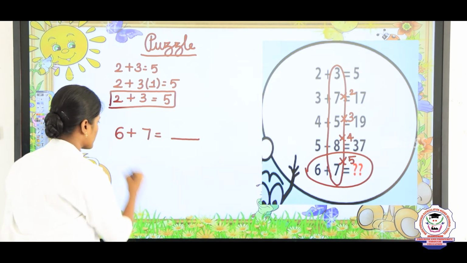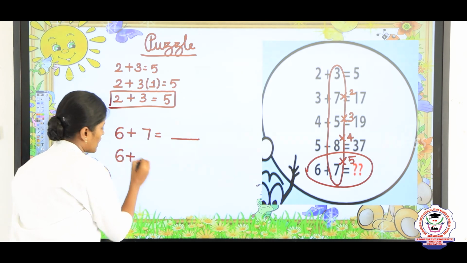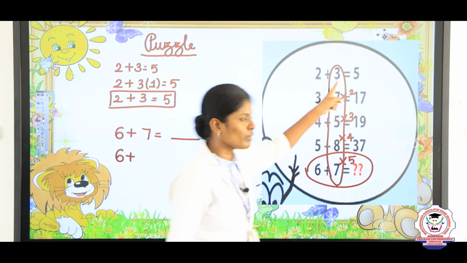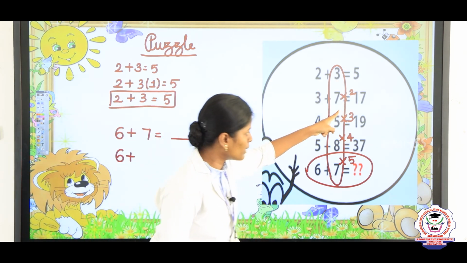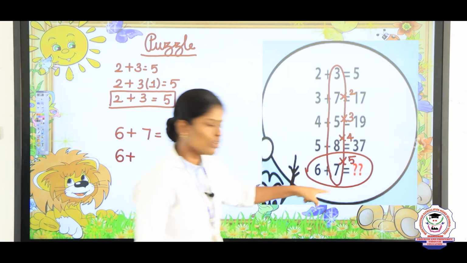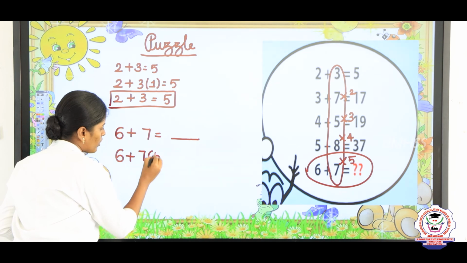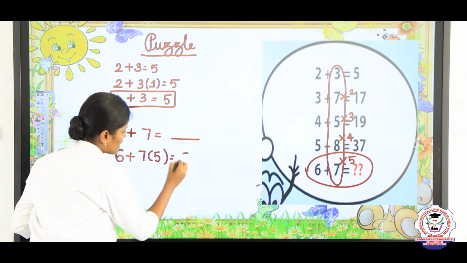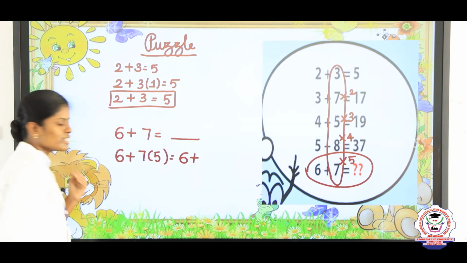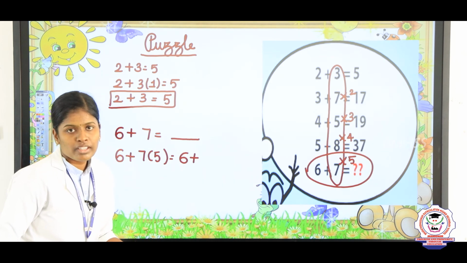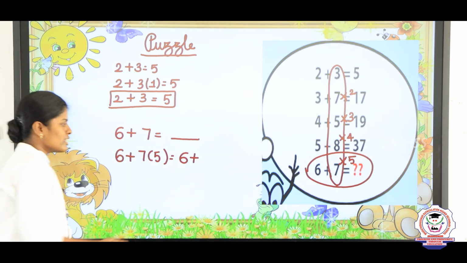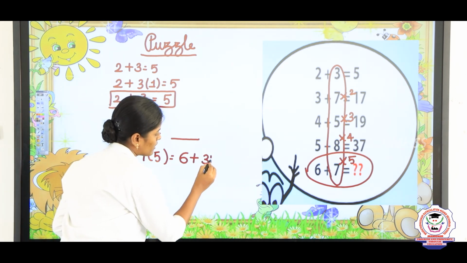Now I am going to take 6. So the first number is multiplied by 1, the second number by 2, 3, 4. So in this number we are going to multiply by 5. Okay, so now take 6 plus, what is the answer? 7 fives are 35.